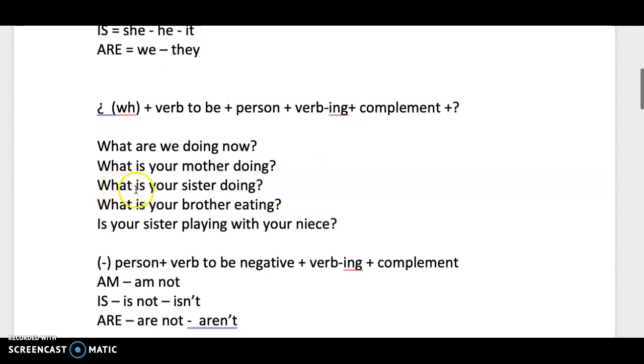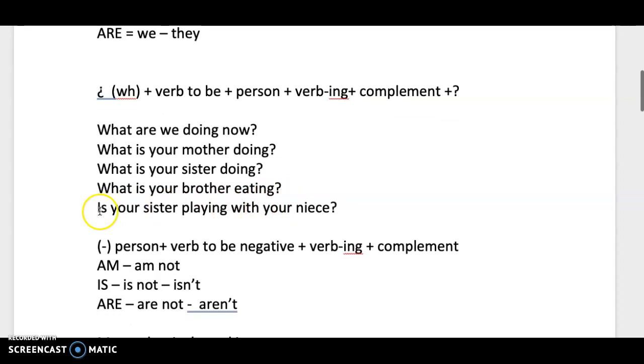Another example is what is your sister doing? What is your brother eating? Okay? What is your brother eating? ¿Qué está comiendo tu hermano? And in this other situation we don't use a WH question because it's not necessary.